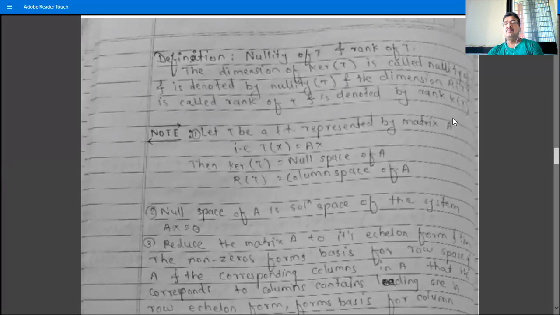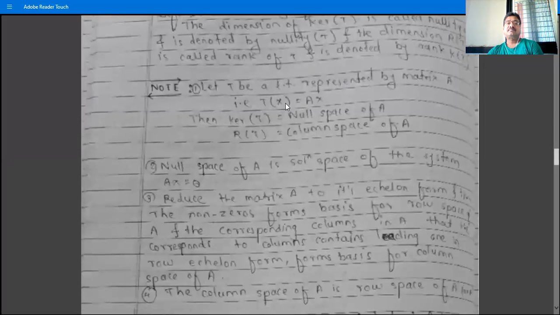And the dimension of RT, the range of T, is called the rank of T and is denoted by rank(T). So the dimension of the range of T is called the rank of T.